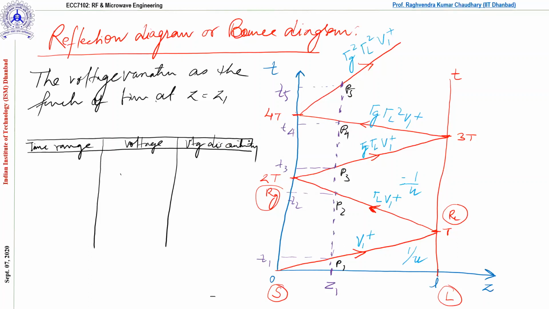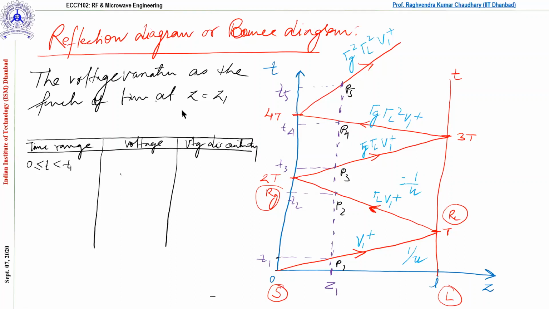Now if I consider the time 0 to t1 only, let us try to understand step by step, this is really very important. So what is t1? T1 is z1 over u, this distance divided by the velocity, which is u, equal to 1 upon under root LC, fine.